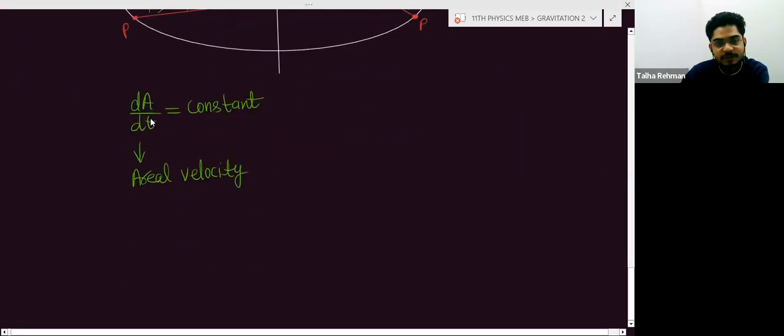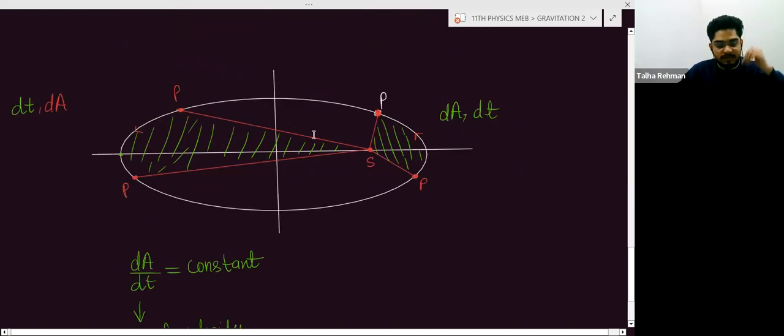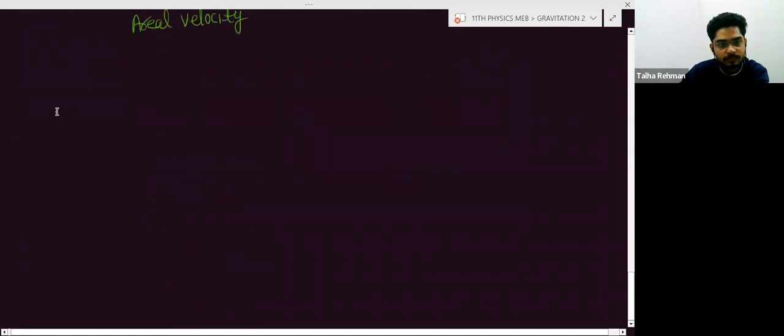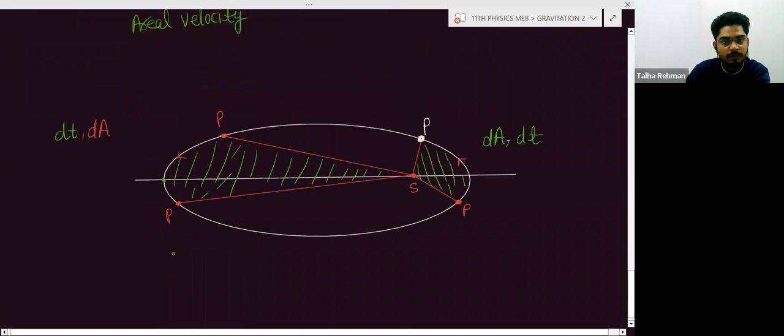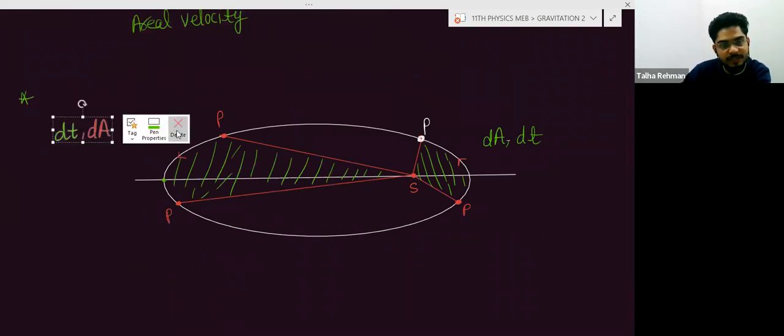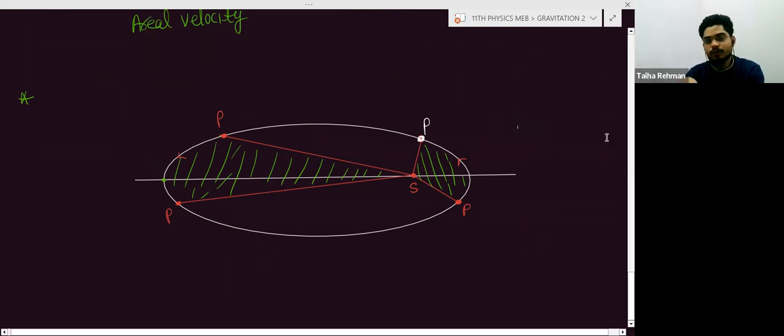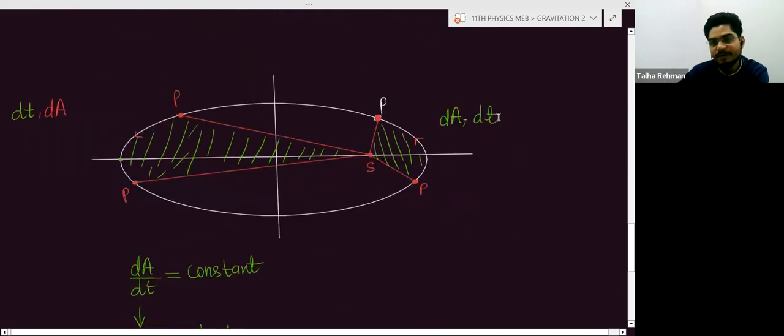So dA by dt is constant means you can say, now wait, we can change our definition for a definite time interval. So this is for a very small time interval dt.